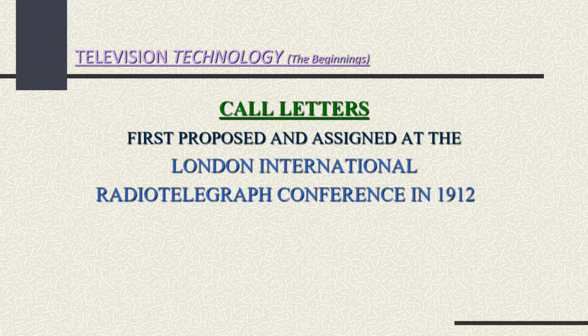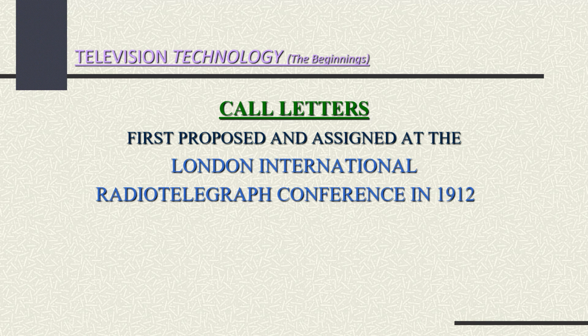The idea of call letters and numbers as transmitter identifiers came from the International Radio Telegraph Conference in 1912. The idea was that the world was going to get together and make clear who owned each signal.